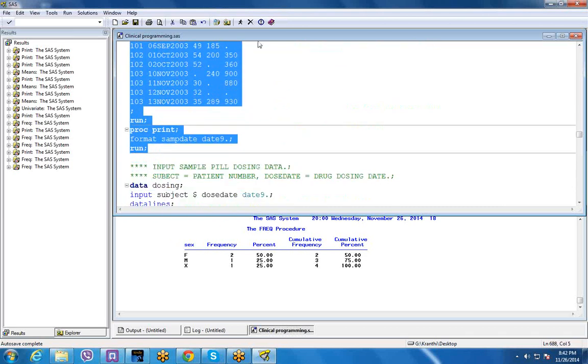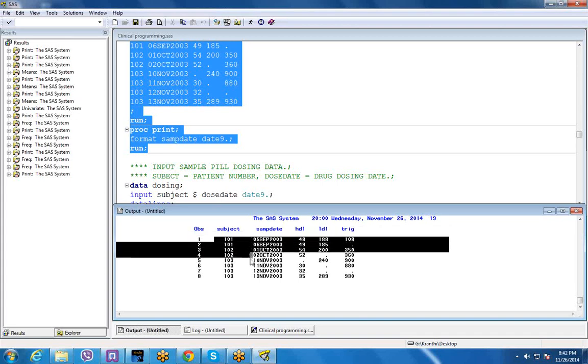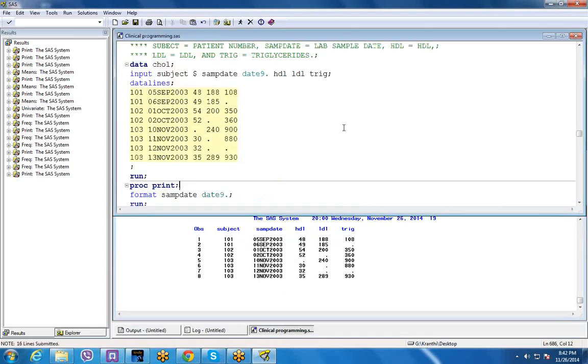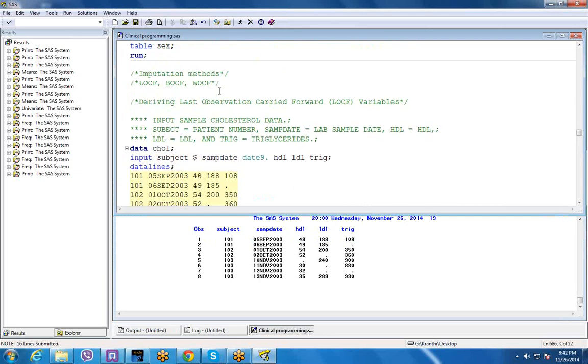Cholesterol. The patients have given the sample for the HDL, LDL and triglycerides. 101 patient, 102, 103. So 3 patients have given the sample on different dates. It's laboratory data we have.